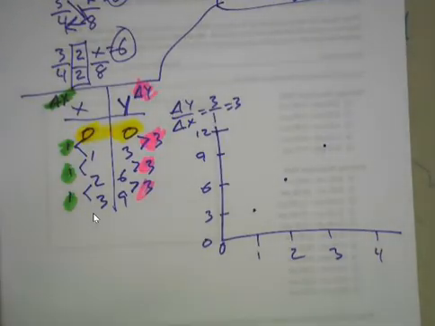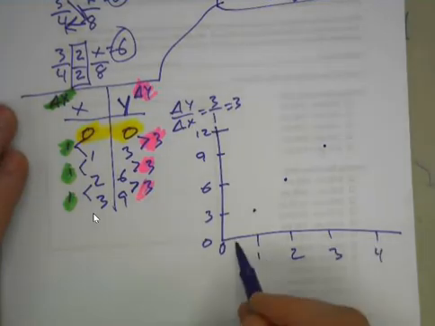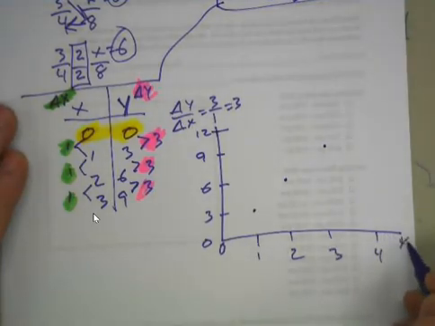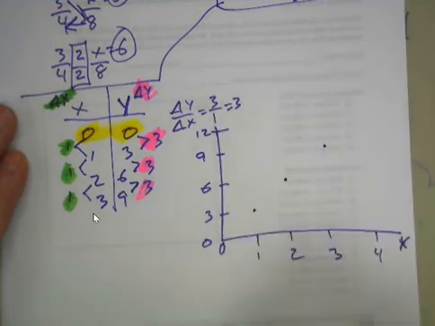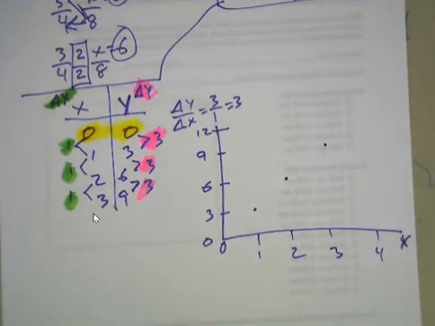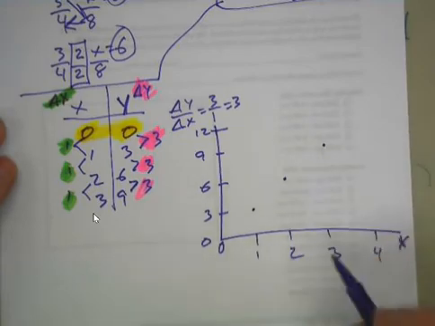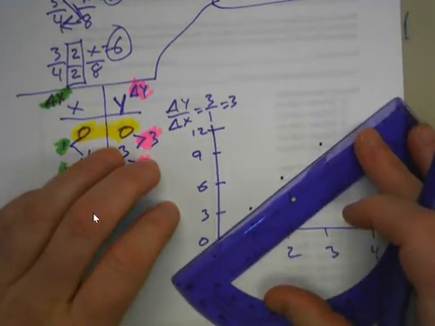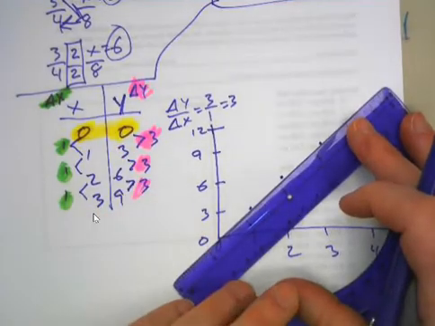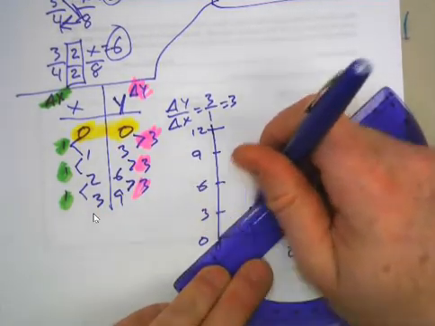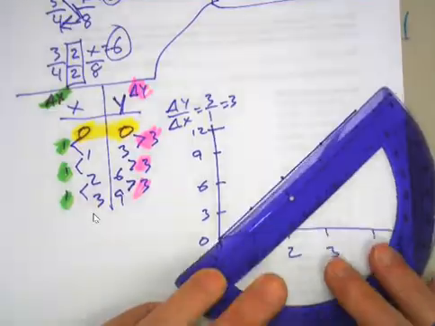Now you can see that we have a graph where we have properly scaled each side. We're counting by 1s on the x-axis and 3s on the y-axis, and we've graphed these points. We have 1, 3, 2, 6, 3, 9, and you'll see that they form a straight line, and that straight line goes through the origin 0, 0.